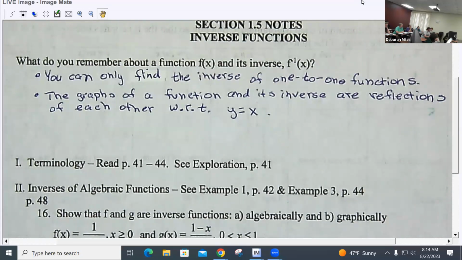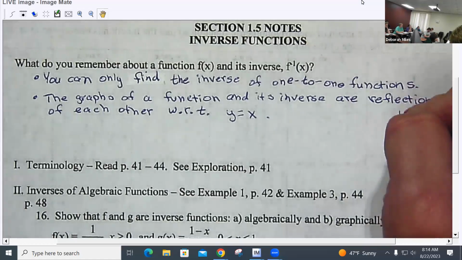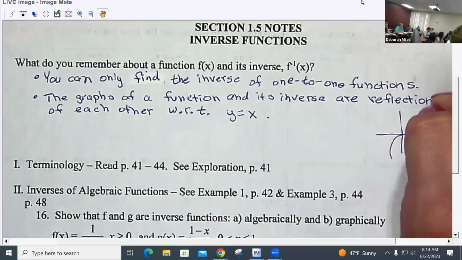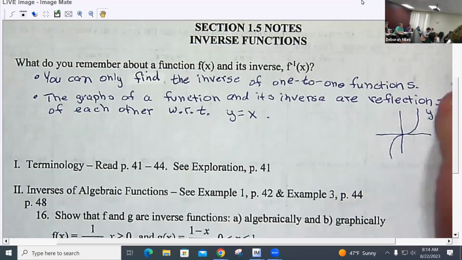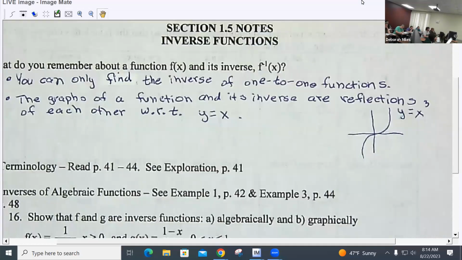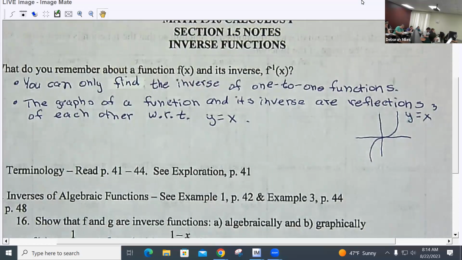For example, if you graph y equals x cubed, is that a one-to-one function? Yes, so you can find its inverse. What would be the inverse of the cubing function?